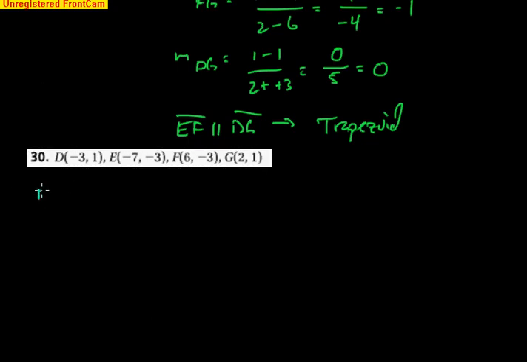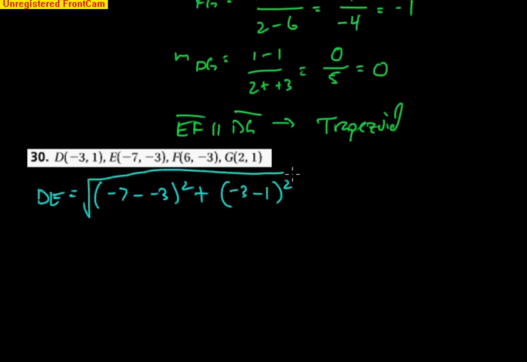So let's test the distances, or the lengths of those legs. DE, X is first, -7 minus -3 squared, plus -3 minus 1 squared. Plus plus, that is -4 squared, which is 16. This is -4 squared, which is 16, and there's the square root of 32. Okay, so that's the length of DE.